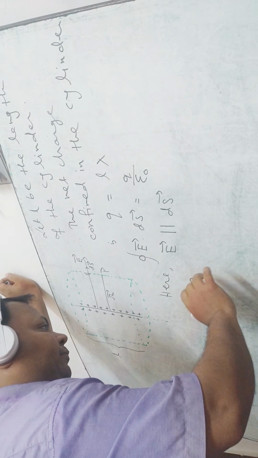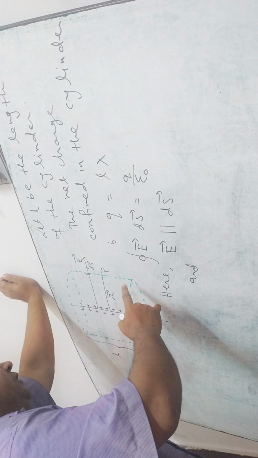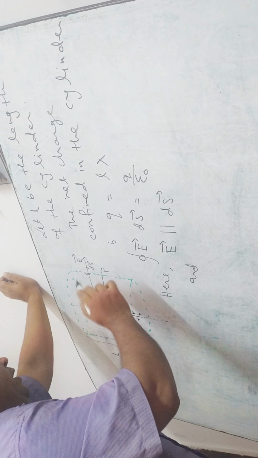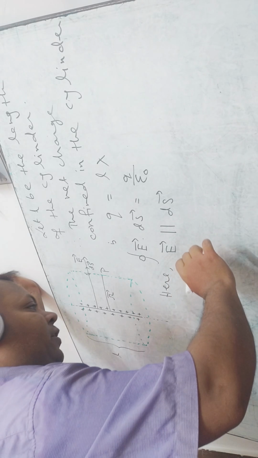And the magnitude of E is the same at every point on the curved surface of the cylinder.